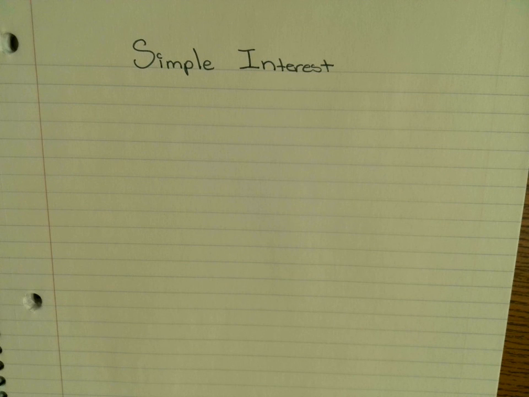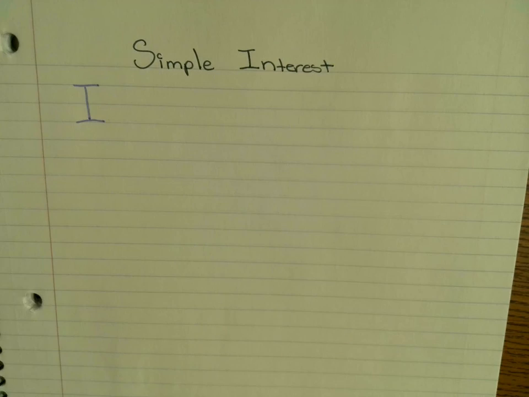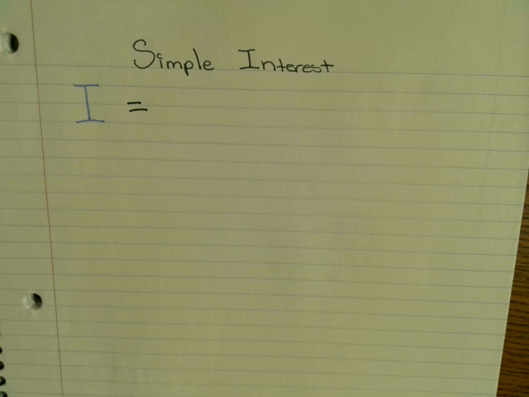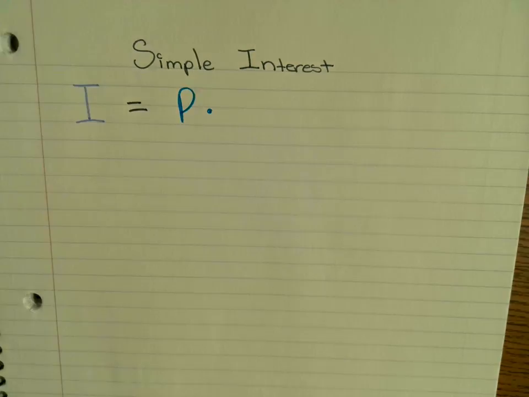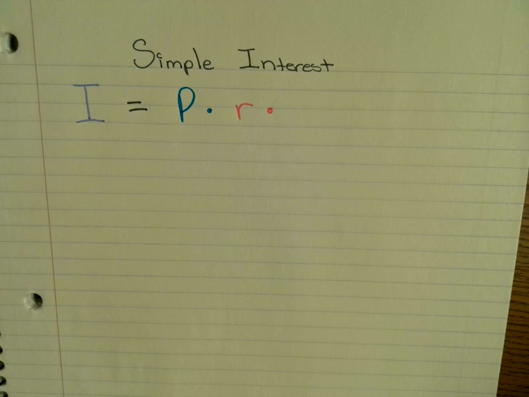So for our simple interest, it's a very simple formula, and it's labeled the I-P-R-T formula. I equals P times R times T. Each of these represents information.